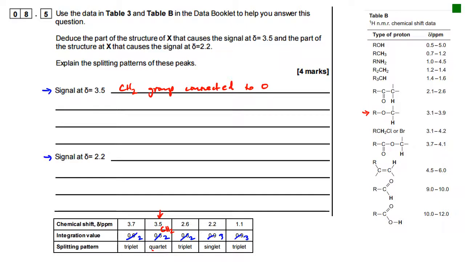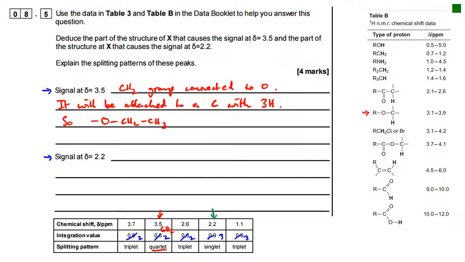And we know also from the fact that it's a quartet that it will be attached to a carbon with 3 hydrogens, right? Because it's 4 take 1 is 3 from the reverse of the +1 rule. Good. So it's going to be oxygen, CH2, CH3. I think that's worth 3 marks, but there's only 2 marks for it.